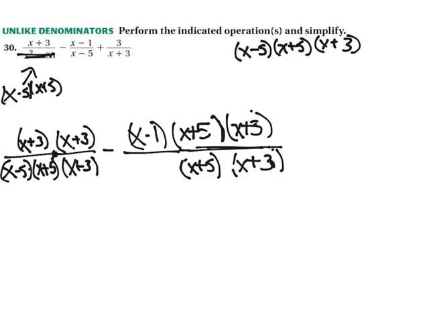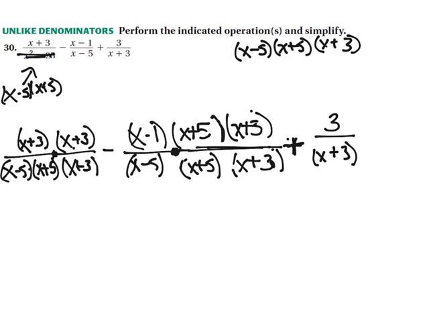All over, and this one has an x minus 5. I'm going to parenthesis that just so we don't lose it. And then the last one here, plus 3, and this one only has an x plus 3.